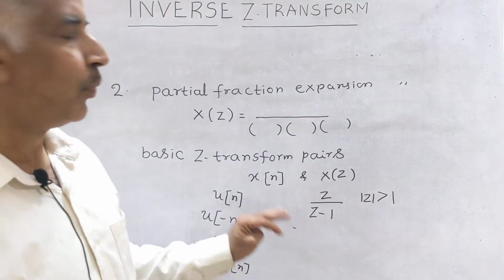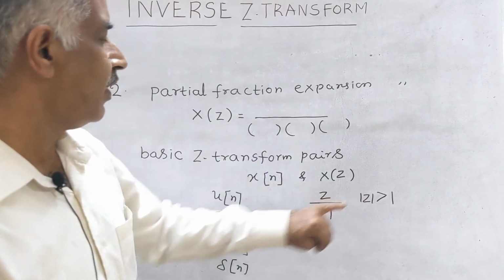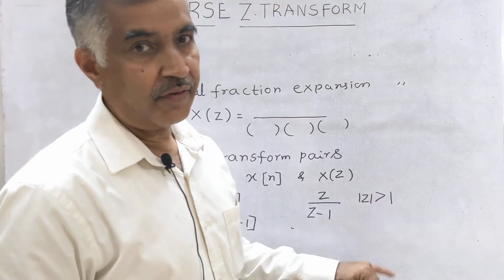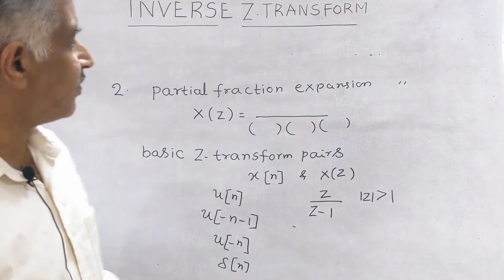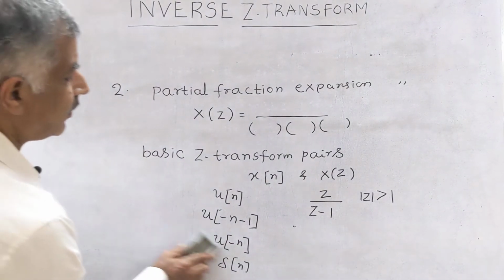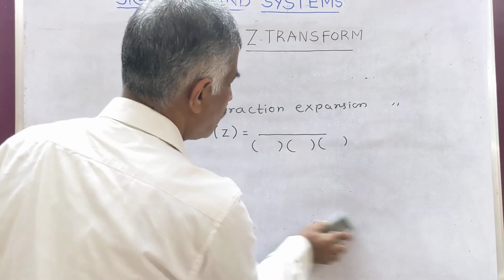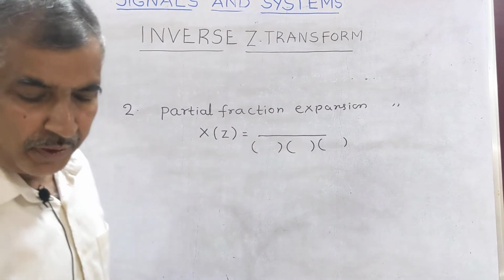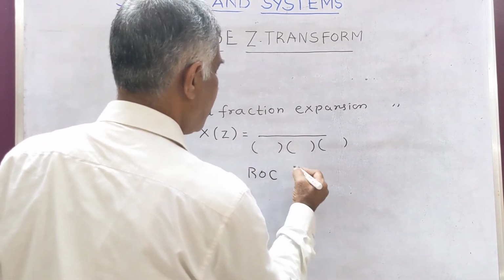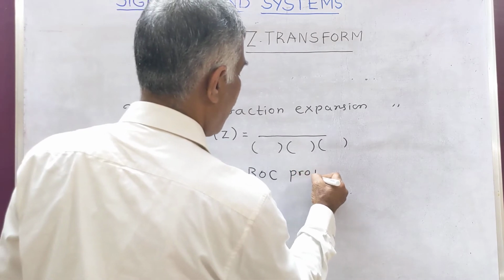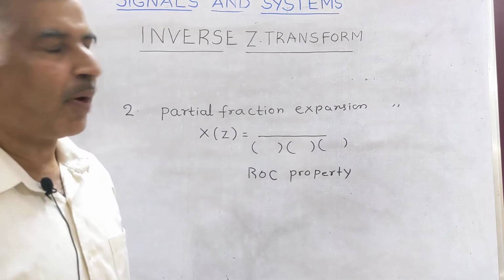Students are supposed to know the basic functions and their z transforms; they are very much required. This method also uses the properties of ROC. ROC property is very important. Now I will mention what this ROC property is.